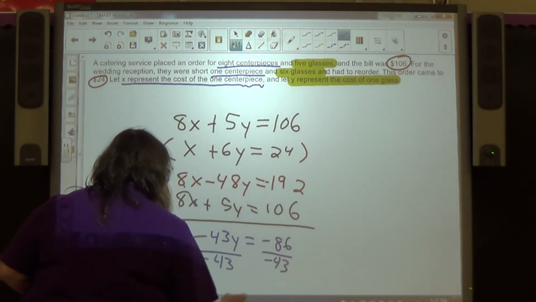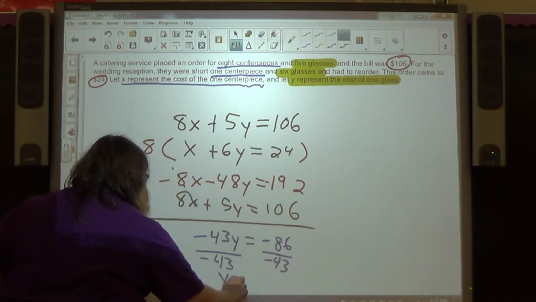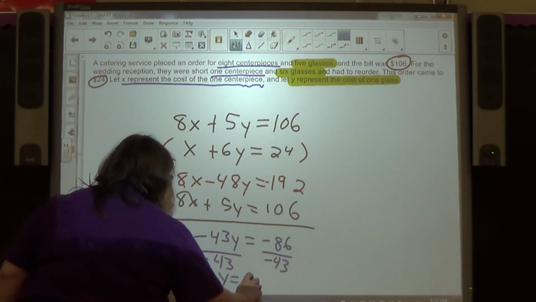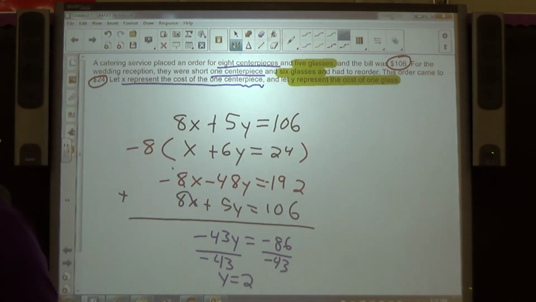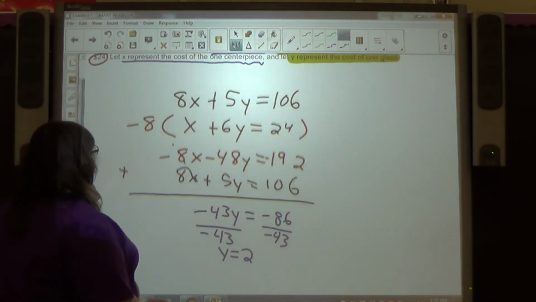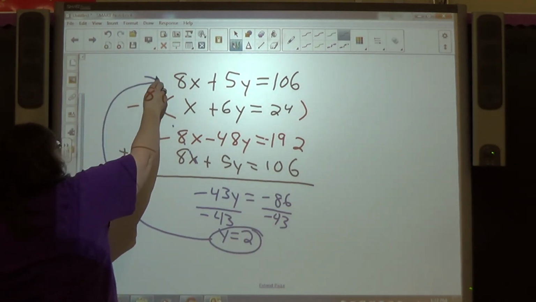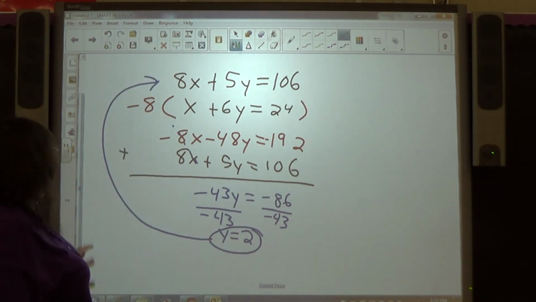So y equals 2. There's our y. Now we need to plug it back into one of the original equations to get our x. Okay?